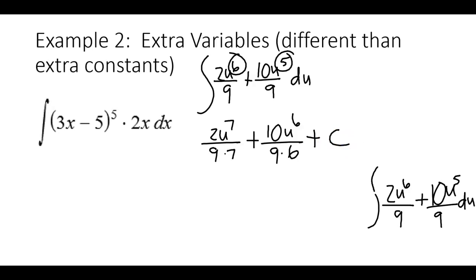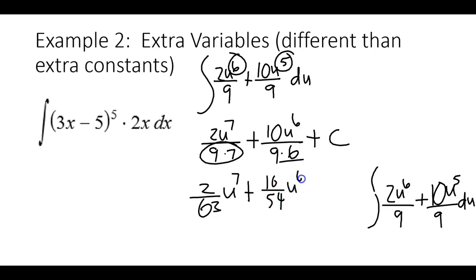All right, let's go ahead and simplify it a little bit more if we can here. So first of all, 9 times 7 is 63, right? So this is 2 over 63. And I'm going to go ahead and just put the u to the 7th on the side there now. Plus 10 over 9 times 6 is 54.